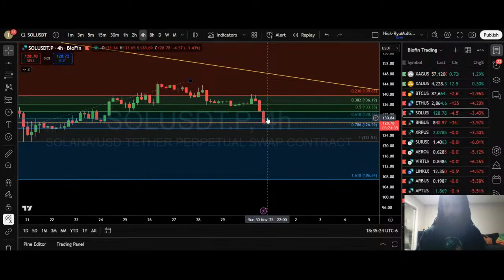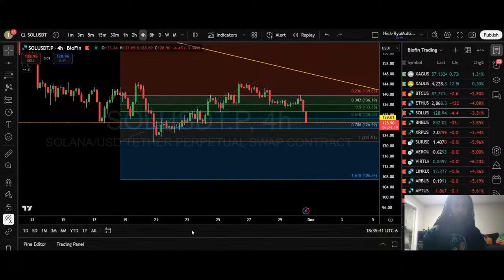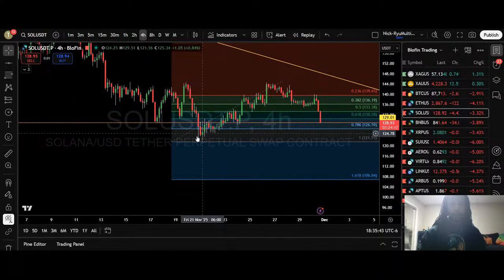Currently testing, and well, not even holding the support, but testing the level of 130. And I think it's going to break right through that and continue to its downside. No reason to believe that we are bullish on SOL. We were in an uptrend for a week, right?